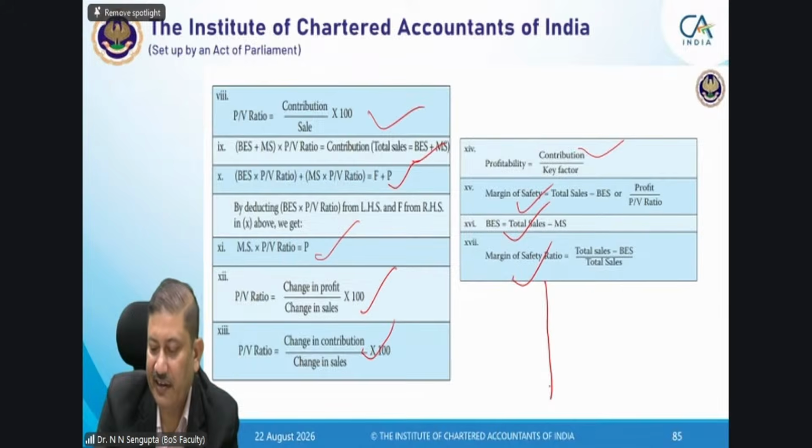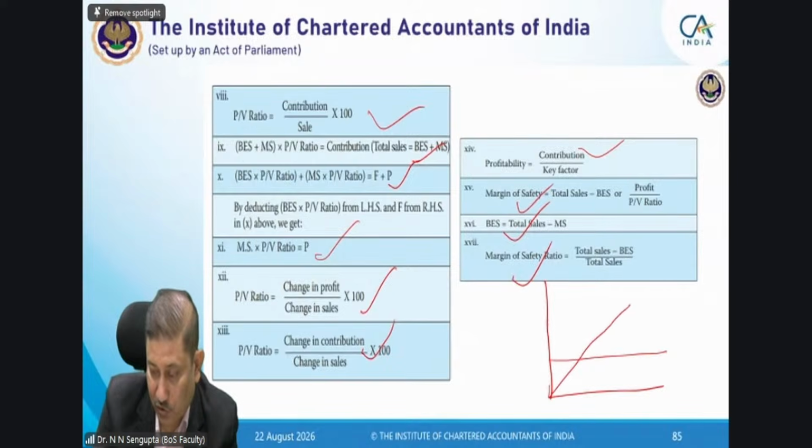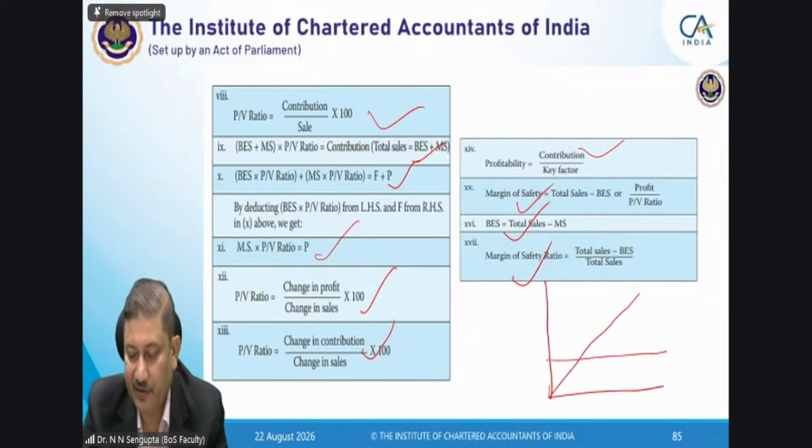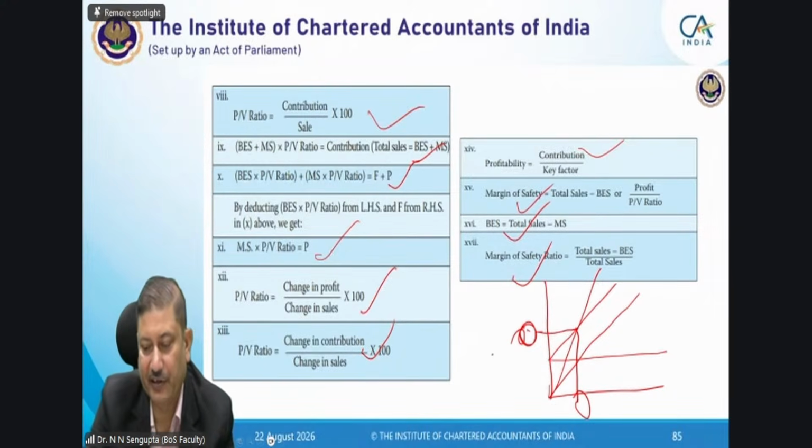Graphically, sometimes we say this is the fixed cost curve, this is the variable cost, this is the total cost, and this is the sales. So this is basically the break-even point, which can be measured in units and also in quantity.